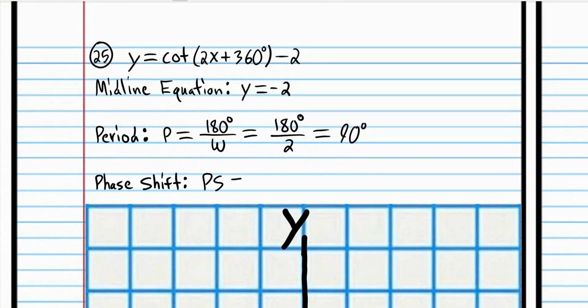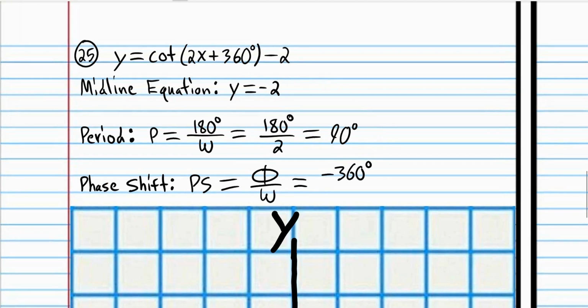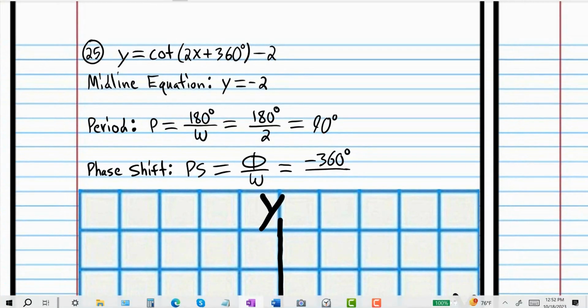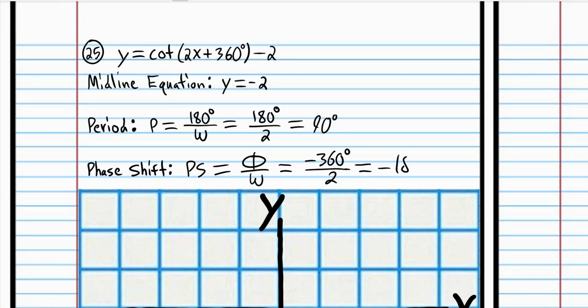The phase shift is equal to phi divided by omega, and phi is not positive 360, it's negative 360. Remember, you have to change the sign. In the first problem, it was a negative number, so we had to change it to a positive. So negative 360 divided by omega, and we get negative 180 degrees for the phase shift.